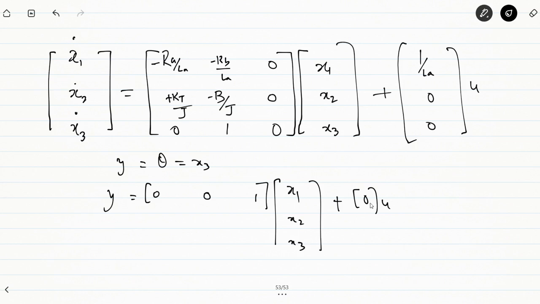So for position control we used a more extended state space model that has three state variables: the armature current, the speed, and the position of the rotor. So any system can have different state variable models, but depending upon how we are utilizing it, and what purpose we need it for, we can determine the state variable model accordingly.